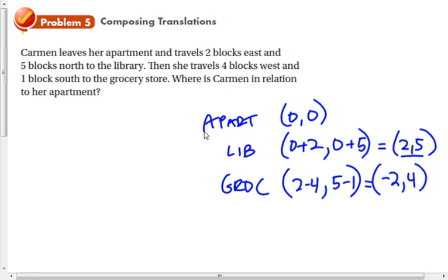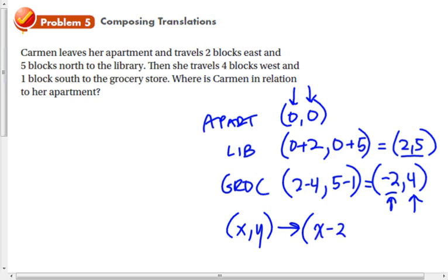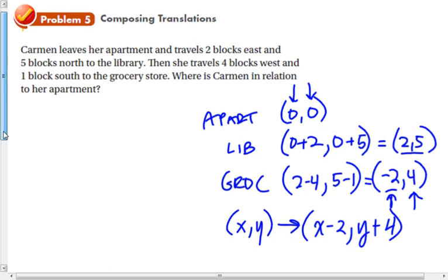If we think about that in relationship to where we started, 0, 0, we are 2 less on the x coordinate and 4 more on the y coordinate. So the composition of these two translations takes our original point x, y and maps it to x minus 2, y plus 4. All right, you try that.